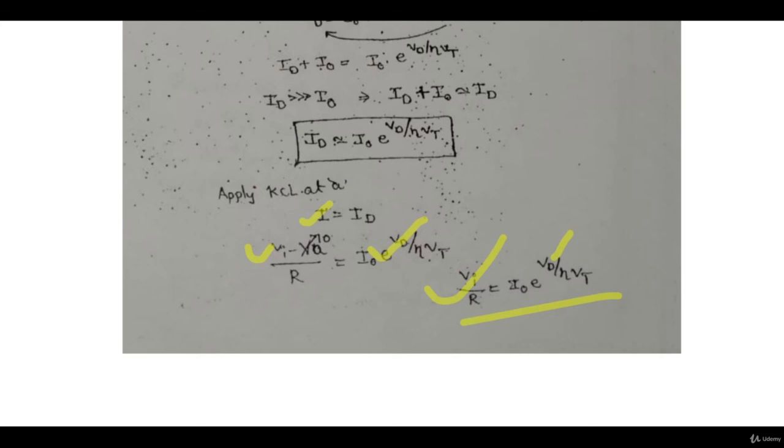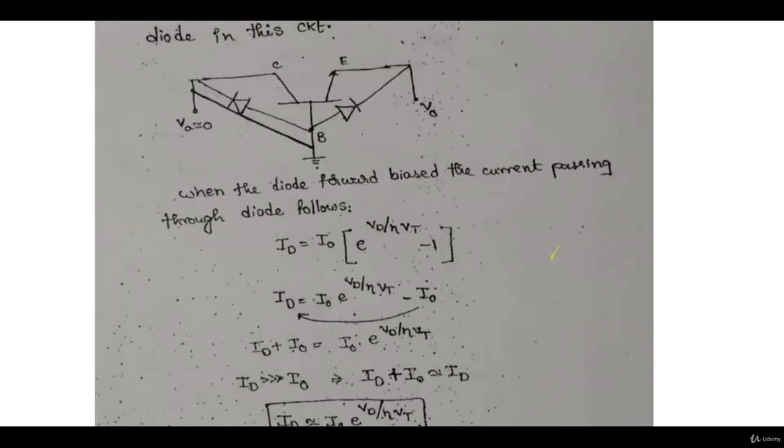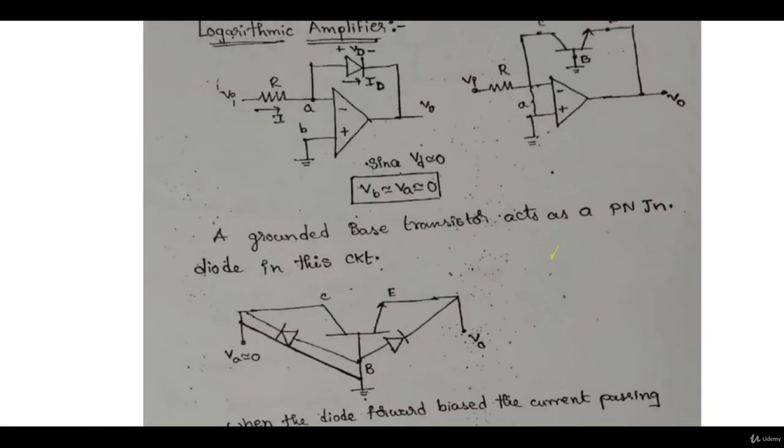Okay, so here also both the circuits will work in the same fashion, the transistor and the diode one, because essentially they are providing the same circuitry. Transistor also is working in diode fashion, and diode anyway is working as a diode. Okay, so I hope it is clear.